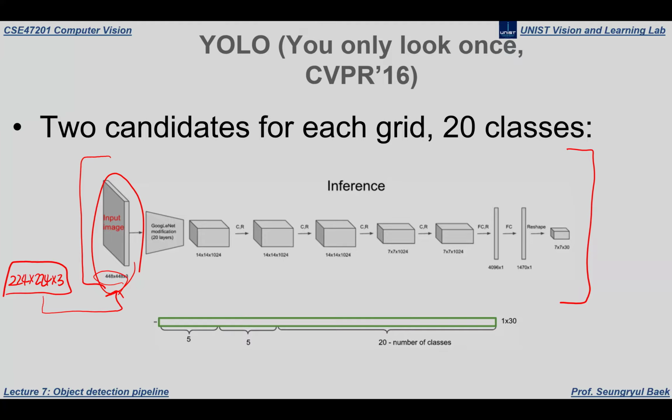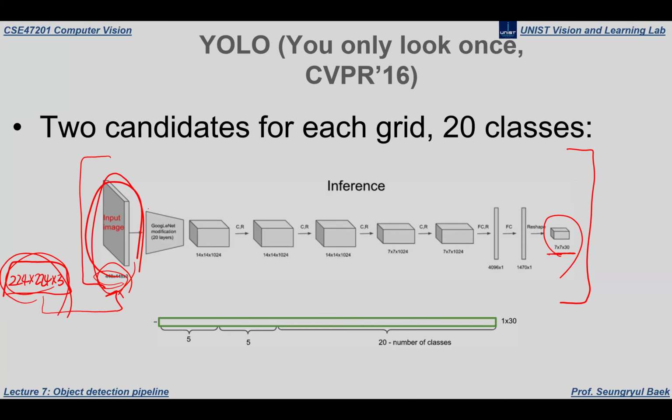But in image classification, we are assuming that images are composed of only one object, so we can reduce the resolution of the image. So this is the normal image size in object detection. And in the final layer, you can see their dimension is like this, 7 by 7 by 30.